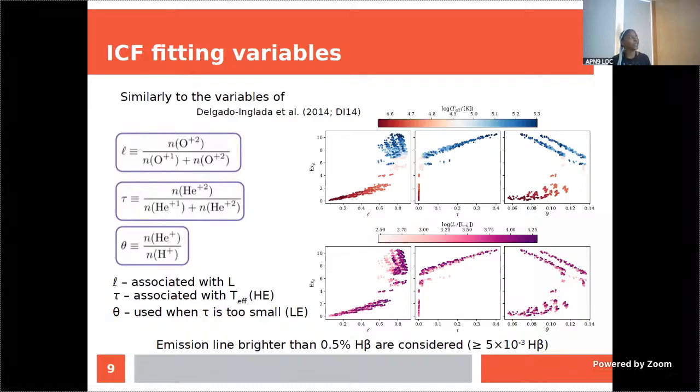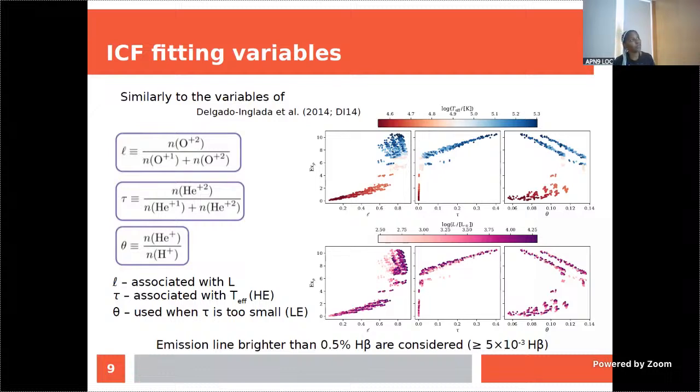In fact, it's already too small because of this right here, no? And here we see how the models are distributed in terms of excitation, so the low and high excitation.